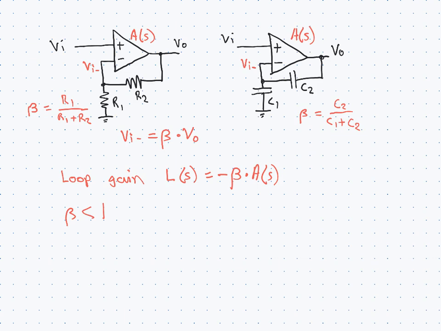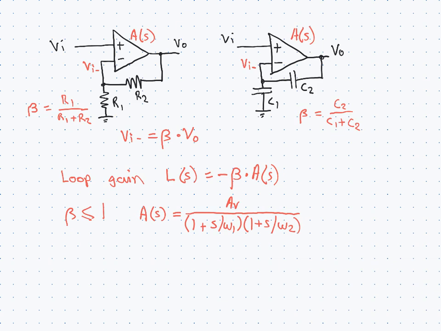the passive feedback network. Now, if we think about the op-amp as a device that has two poles, which is the simplest model that gives realistic results, we can write the op-amp open loop gain like this, where AV is a DC gain and omega 1 and 2 are the poles.